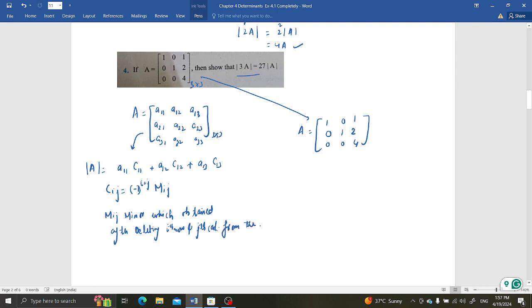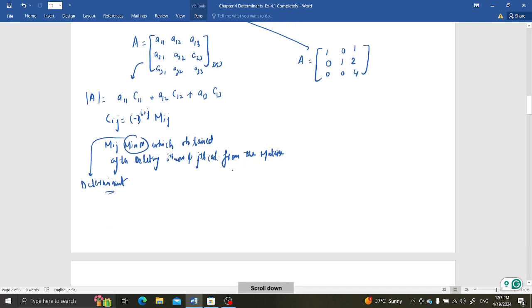But what is actually a minor? Actually, this minor means a determinant, the determinant which is obtained after deleting the ith row and jth column from the matrix.